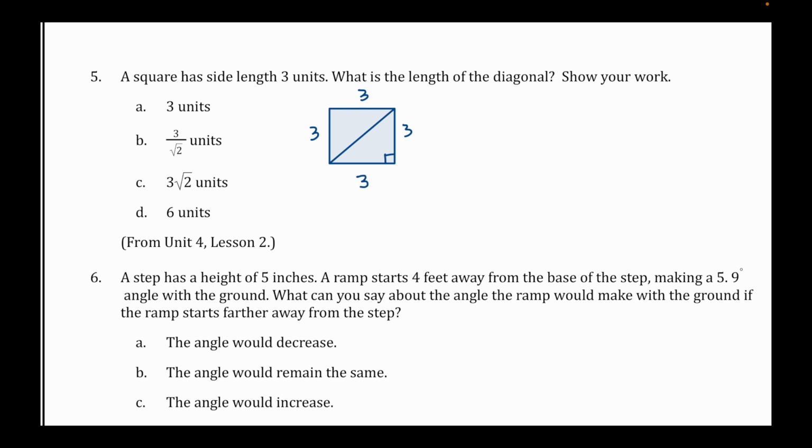And the ratio there is that if the side is x, then the hypotenuse is going to be x times the square root of 2. So that means the hypotenuse is 3 times the square root of 2.